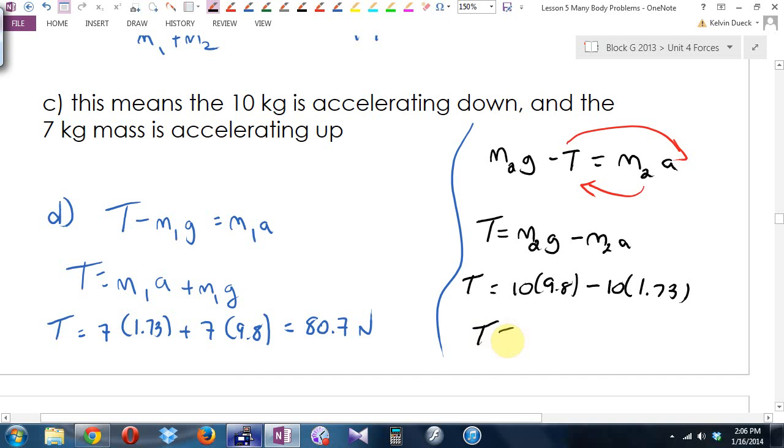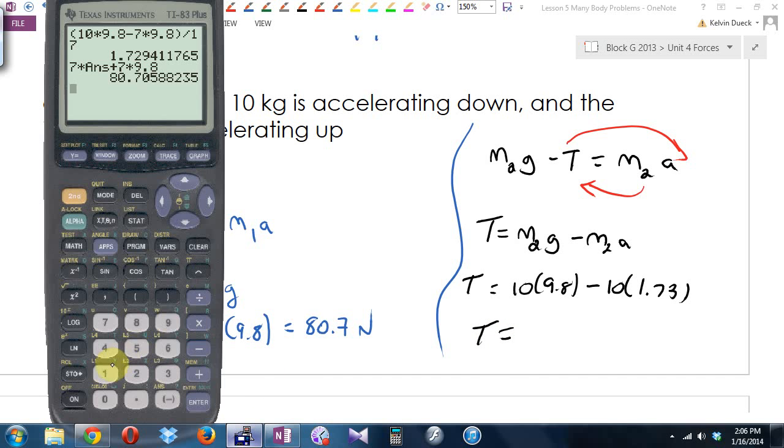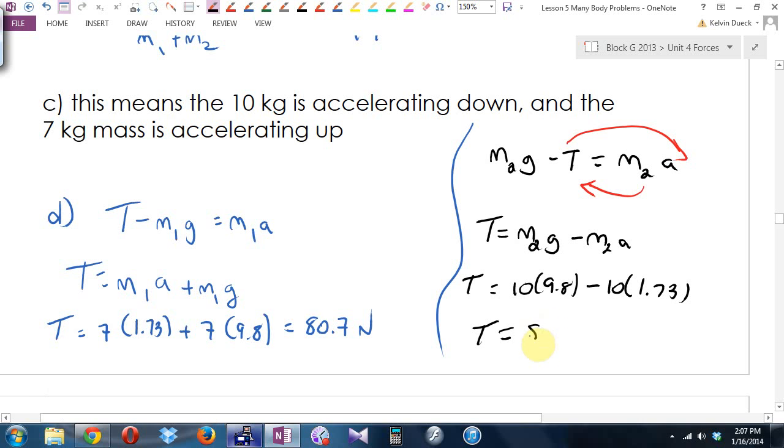And lo and behold, I also get 80.7. So it doesn't matter which one you pick. Choose wisely. And it's a force, so it's newtons.